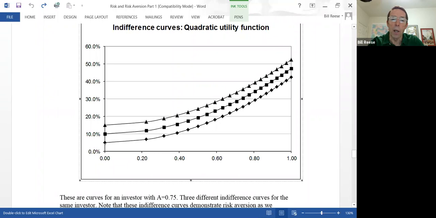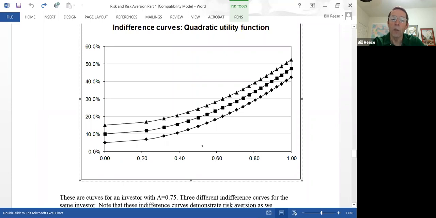Now, this particular point here is significant because this says when your standard deviation is 0, okay, the amount of utility you're going to be getting is equal to the expected return. This is going to be your expected return right here. It's going to be at 5%. Here's an expected return of 10%, 15%, 20%, etc. This is levels of standard deviation over here.